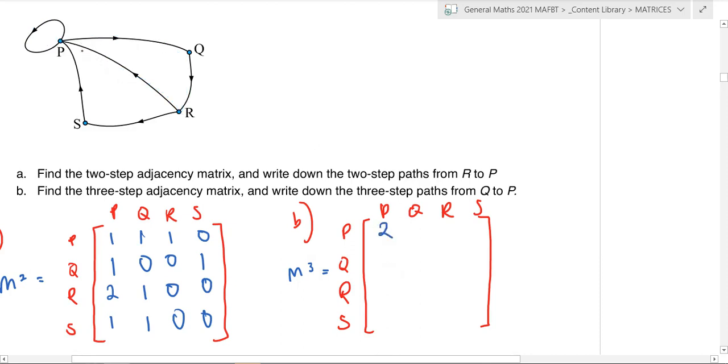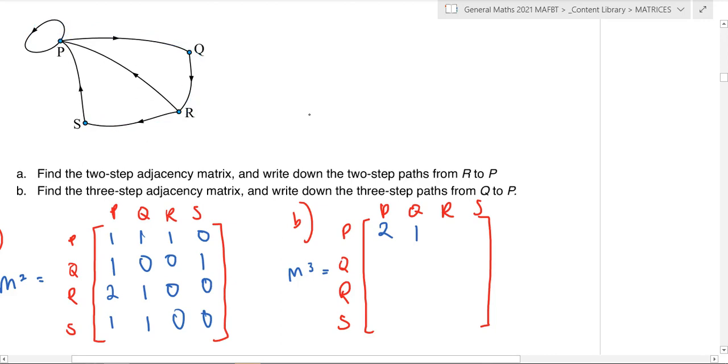P to Q. All right, well, let's do this. You've got 1, 2, 3. There's 1 there from P to Q. See if there's any other ones. I don't think there is, because you can go 1, 2, 3, but that's already 3. So P to Q, there should only be 1. P to R, well, you could go 1, 2, 3. There's 1. Could you go this way?